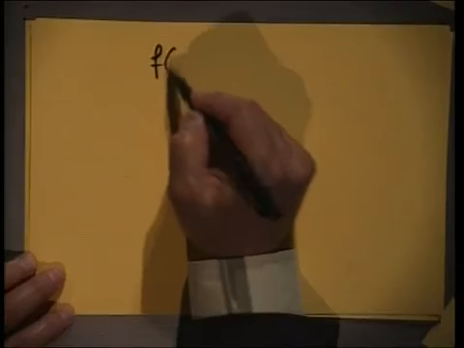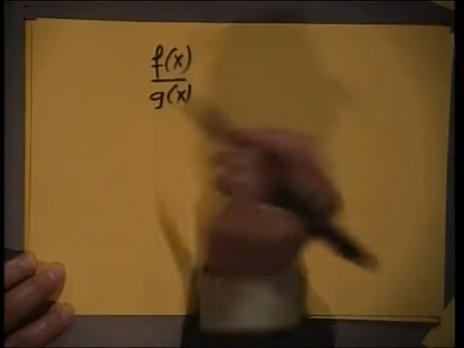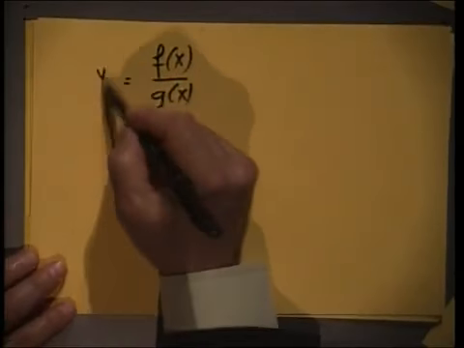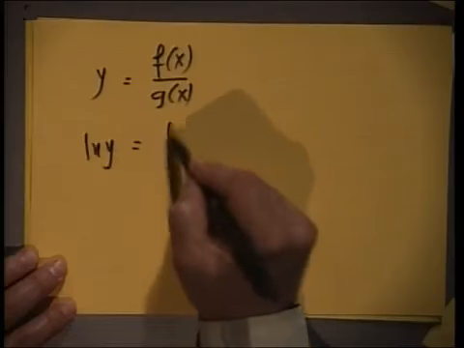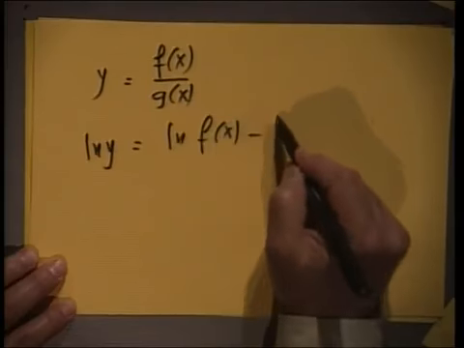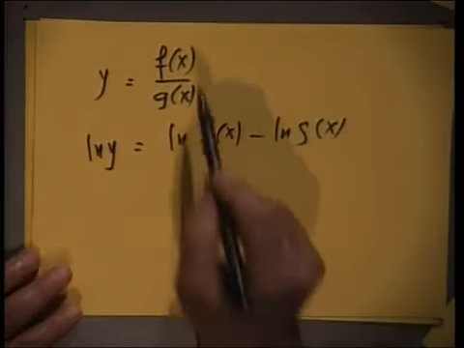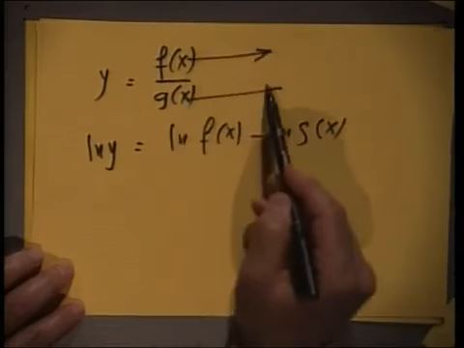Again, the idea of the logarithm is vital, to use always the logarithm, because sometimes your functions are in the product form or in a quotient form. For example, f of x over g of x. And you wish, for example, to obtain the derivative. The best thing is to take the logarithm. You get logarithm f of x minus logarithm g of x, especially if this is complicated, and this one too.